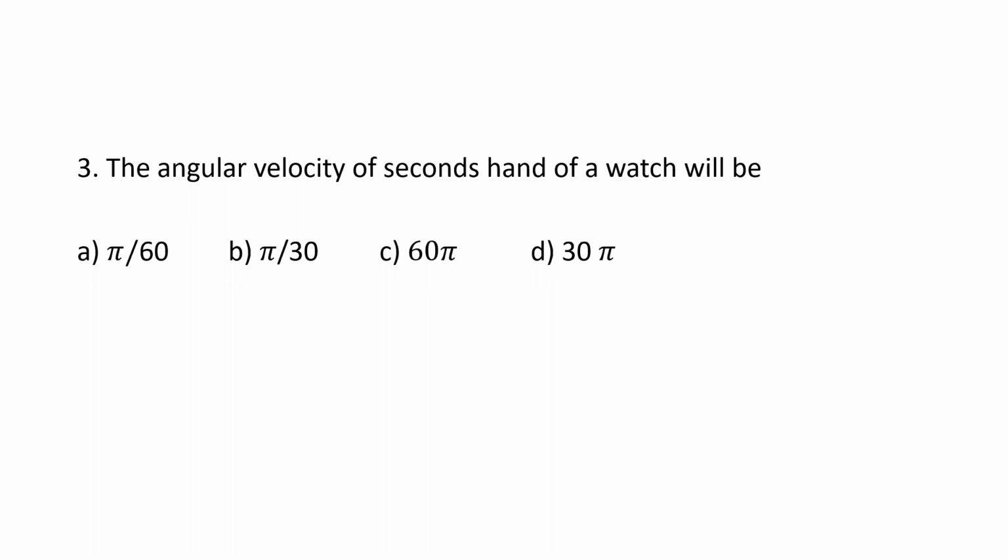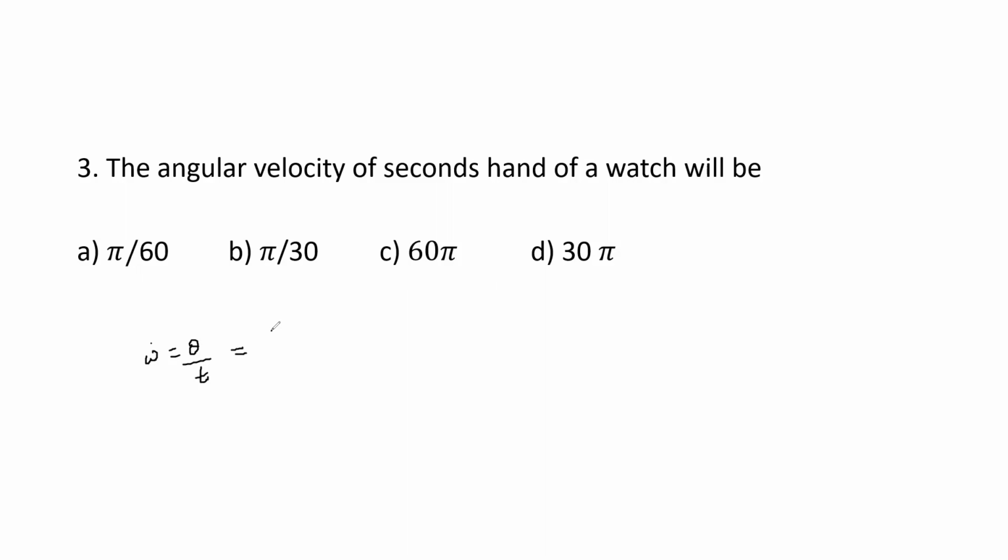Next question is, the angular velocity of the second hand of a watch will be. So we need to calculate the angular velocity of the second hand. Very simple this is. We know that angular velocity omega is equal to theta divided by t.